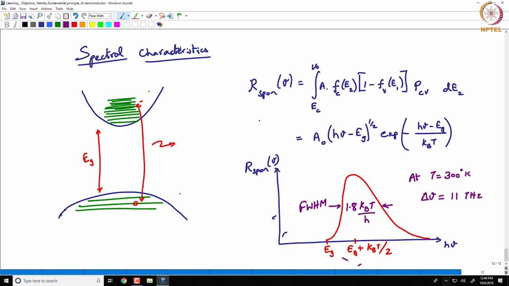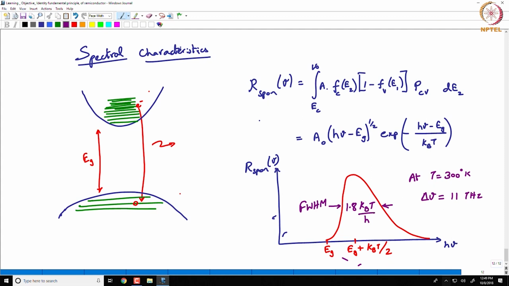And what this 11 terahertz means in terms of delta lambda, the wavelength spread, obviously depends on what wavelength you are operating at. So, if you are operating at 1550 nanometers, you will find that the wavelength spread corresponds to about 100 nanometers.